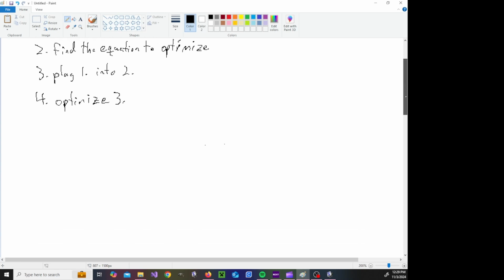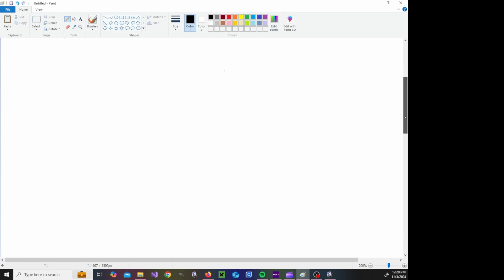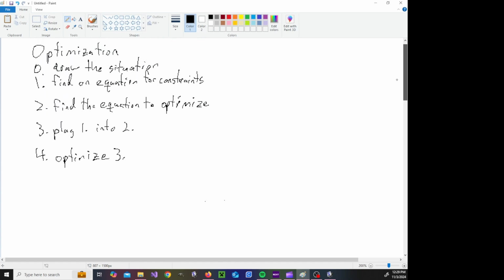So these problems actually end up being relatively standard, and there's one that is incredibly common that a lot of people call the fence problem.